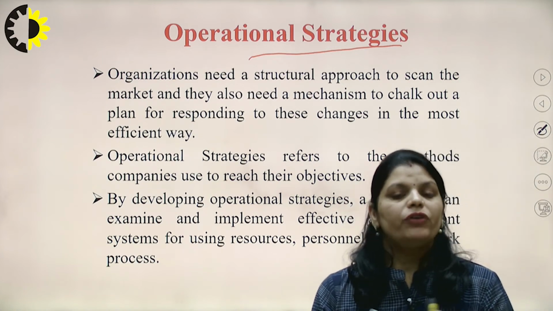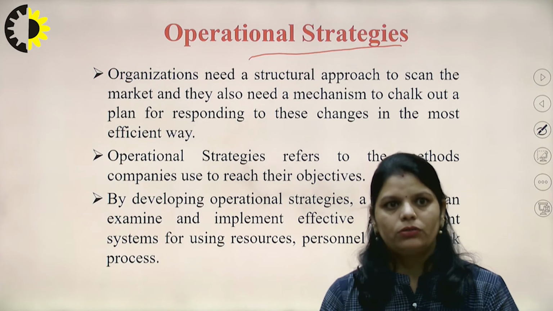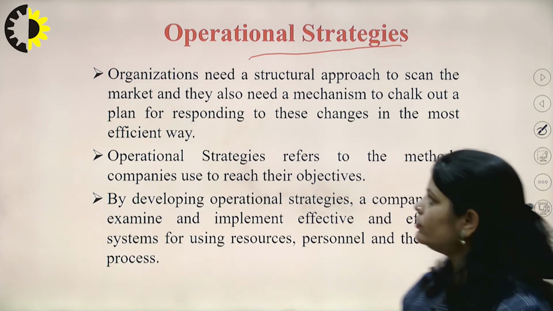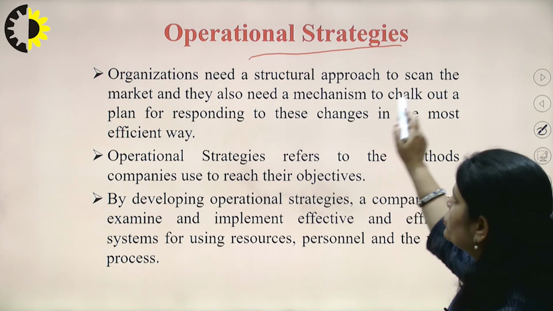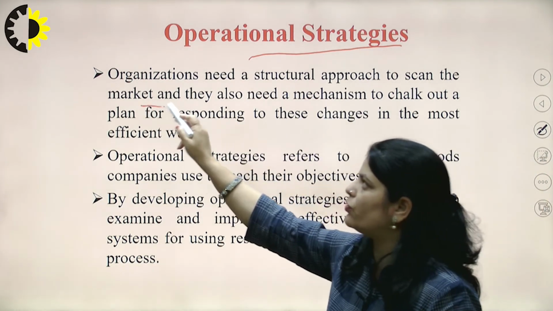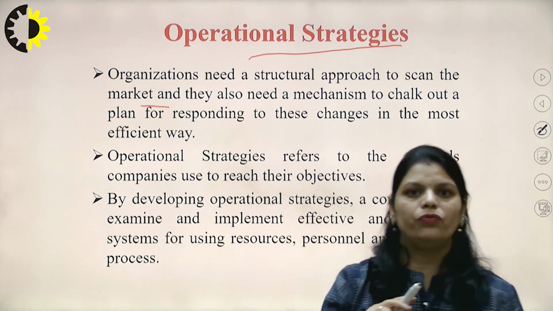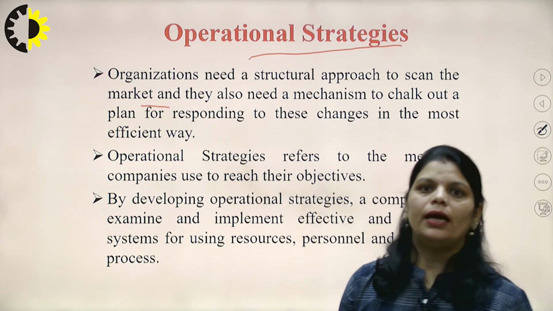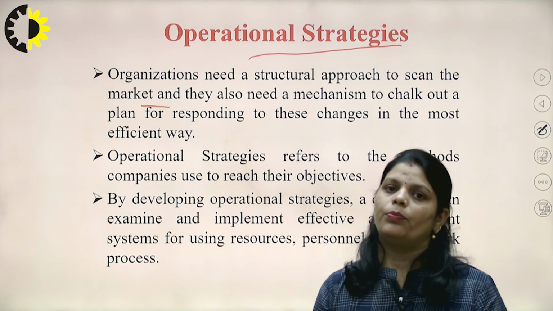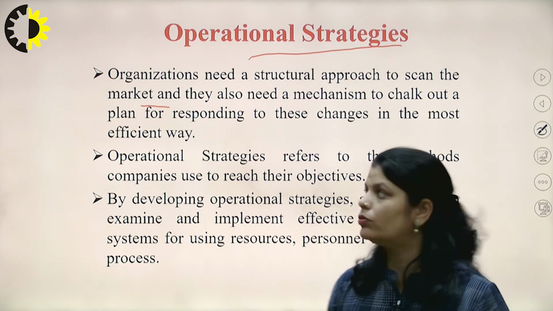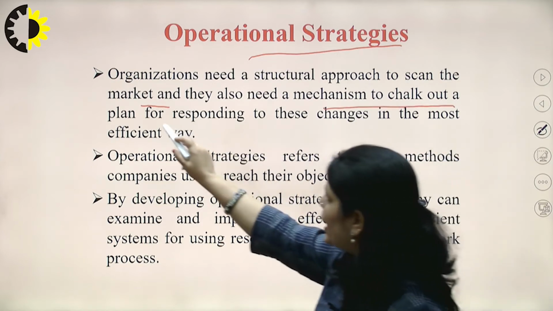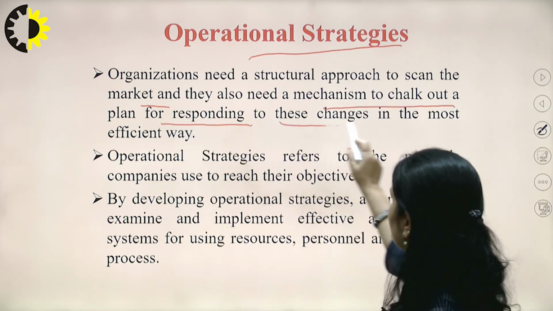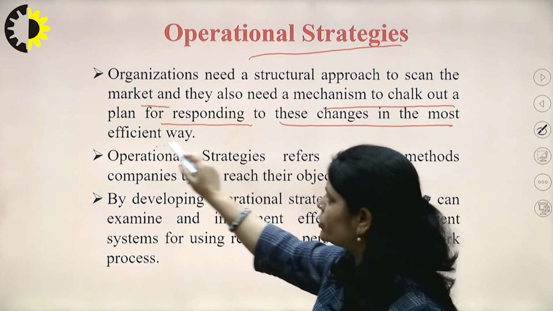If we discuss the relevance of operation strategies, then organizations need a structural approach to scan the market. If we want to scan the market, if we want to analyze the market, then a systematic approach is needed. Okay, and they also need a mechanism to chalk out a plan for responding to these changes in the most efficient way.